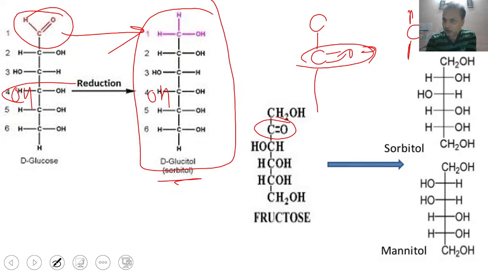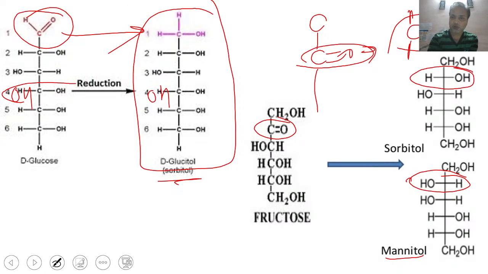So depending on how you write this carbon, you will have two structures. This is carbon number 2. If you write OH on the left hand side, that will be mannitol, and if OH is on the right hand side, it will be sorbitol, because this is a ketonic group.